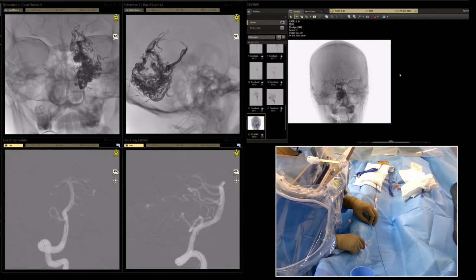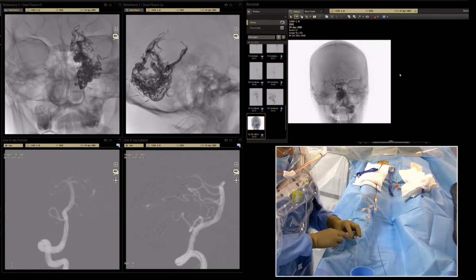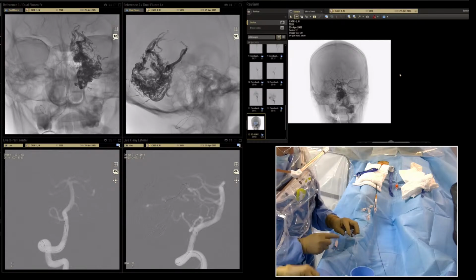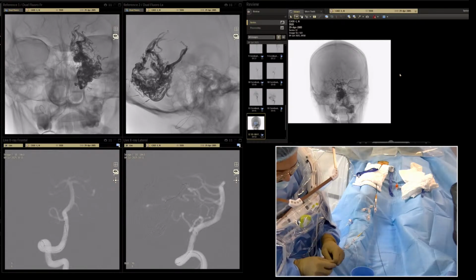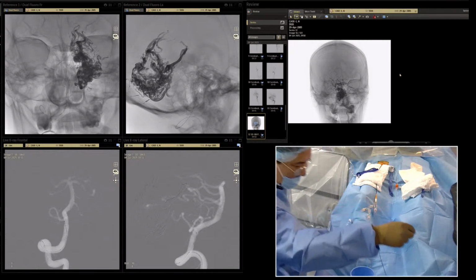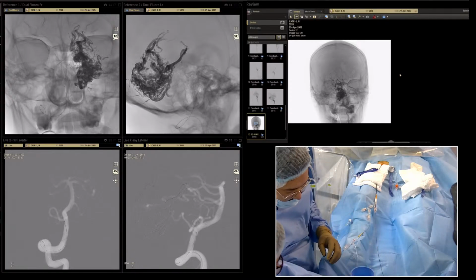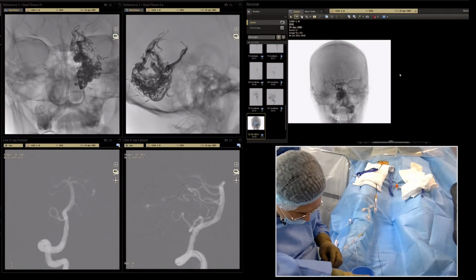Okay, let's use the Chikai 8, because we have a Sonic 1.2, which is 35.